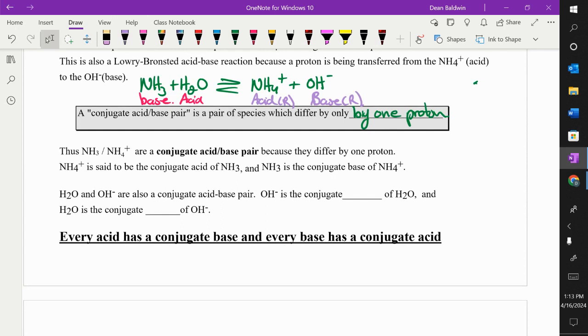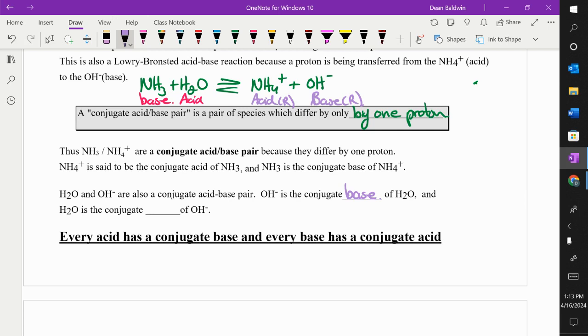So acid-base pairs. Also, the water and the OH minus are an acid-base pair, right? Because they differ by one proton. So OH minus, all right, is the conjugate base of H2O, right? H2O is the acid. The conjugate base is OH minus. Differs by one proton, all right?